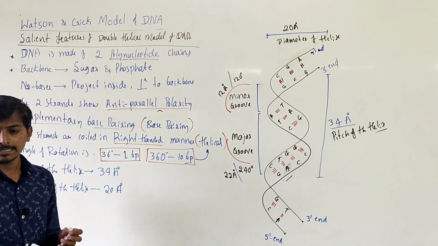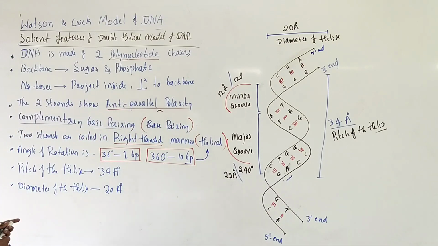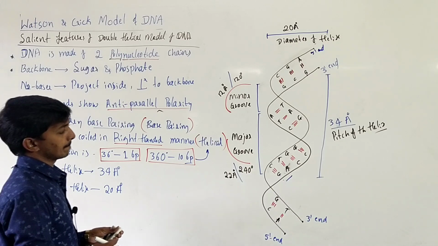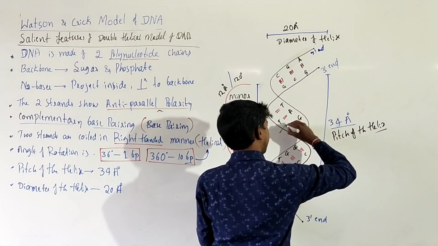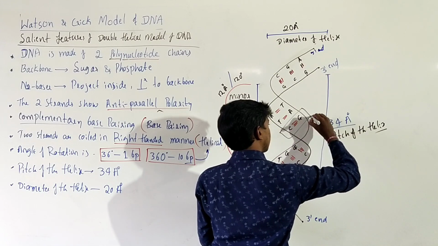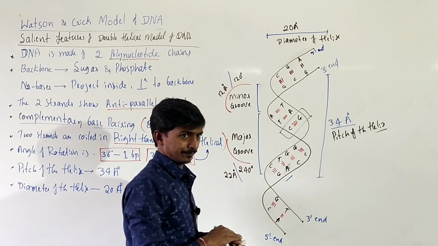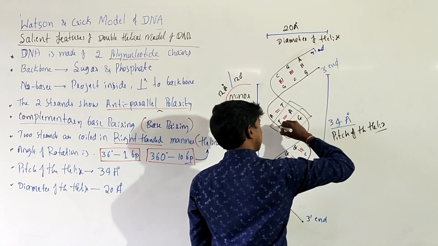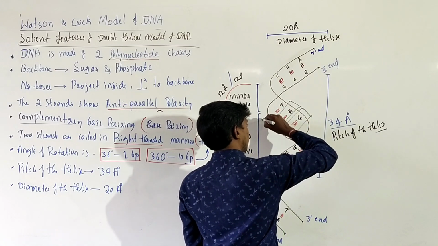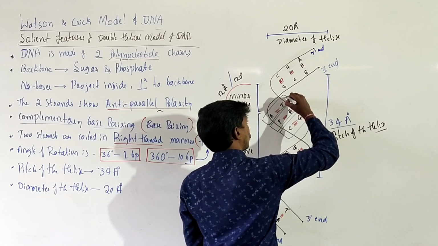Okay, like that. One more thing, this one base pair is like one plate, another base pair is like another plate, the third base pair is like one more plate.